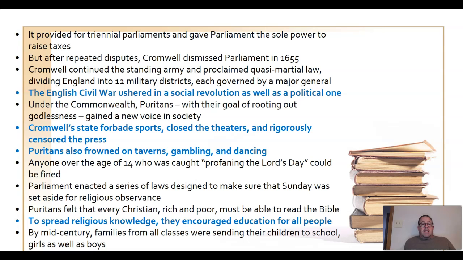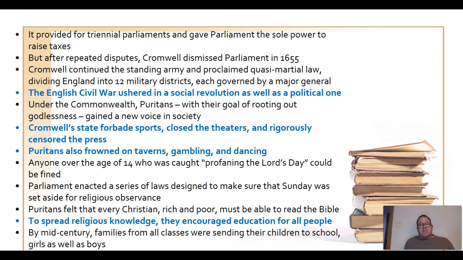And so there's a lot of things that take place, not on a political standpoint, but from a social standpoint, that are reminiscent of what happened in Geneva, Switzerland under John Calvin. And it stands to reason because the Puritans are Calvinists, all right?